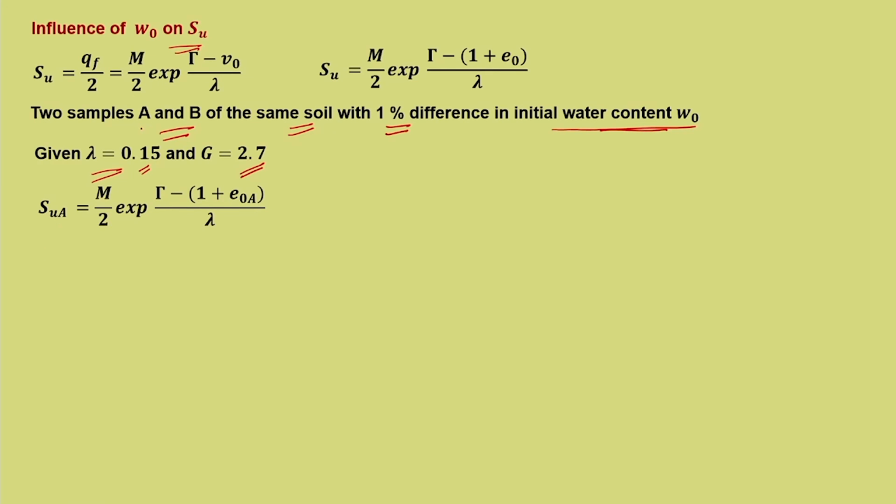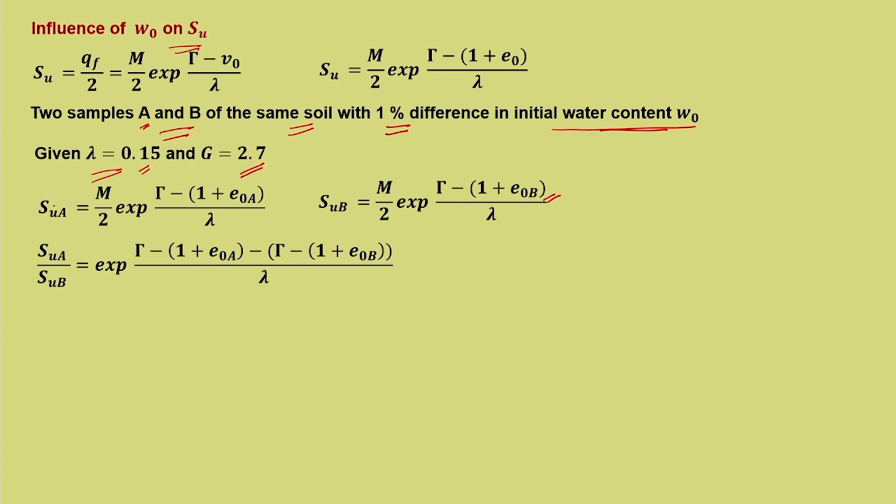SUA, that is for sample A, we can write m by 2 exp gamma minus 1 plus E naught A upon lambda, and SUB is the same with E naught B, only the initial void ratio has a difference. Now, if you divide SUA upon SUB, m by 2 gets cancelled off, and we can write exp of gamma minus 1 plus E naught A minus gamma minus 1 plus E naught B upon lambda.